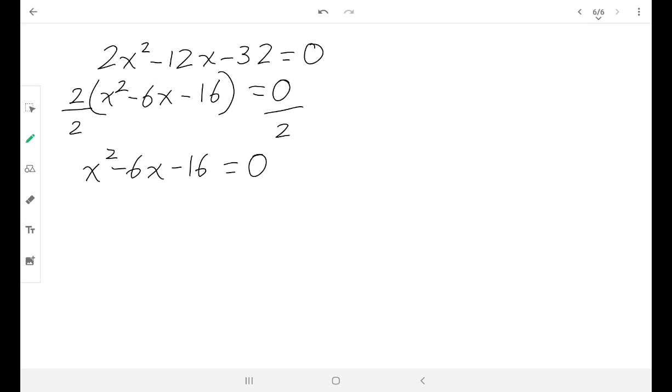And it turns out that, thankfully, this factors. You'd have an x there, an x there, and 2 things that multiply to make 16 and subtract to make 6 are, well, let's see, 8 and 2, right? 8 minus 2 is 6, and 8 times 2 is 16, and the bigger one gets that, so it's minus there, plus there.